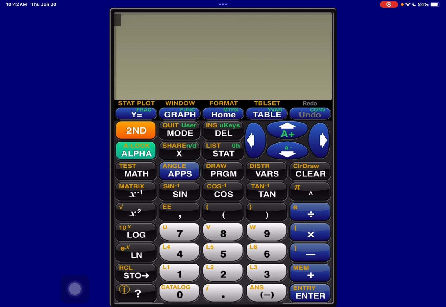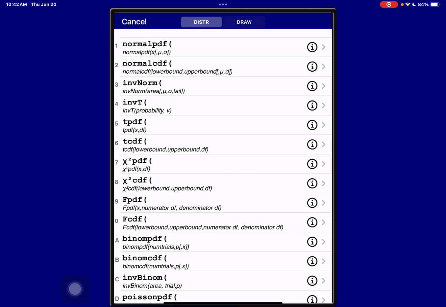We're going to go second, right? Second vars. Yours will come up, it'll look different, but one is normal PDF. The second one is normal CDF. This is what we want. And you can see the lower bound, the upper bound. You have to input the lower bound, the upper bound, the mean, and the standard deviation.